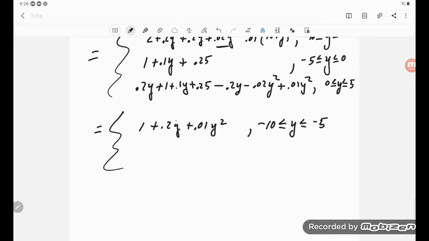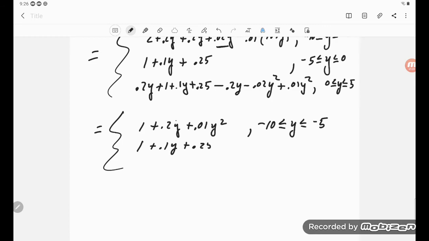If you put in -10, you will get 0 out of this, and if you put in -5, you do get 0.25 from it. So then we have 1 plus 0.1y plus 0.25. Oh, well, so that's 1.25.